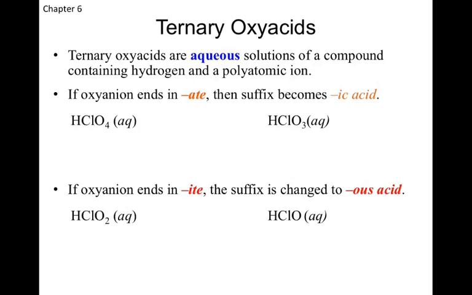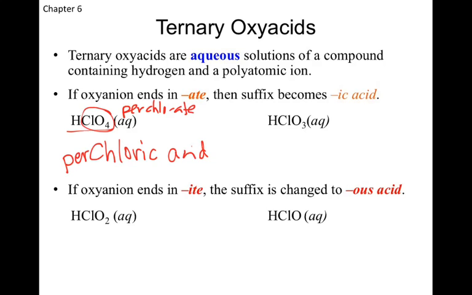So our first compound becomes known as perchloric acid. Why the per? Because this is perchlorate. How about the next one? Okay, well, that complex ion is your chlorate ion, so our acid is chloric acid.